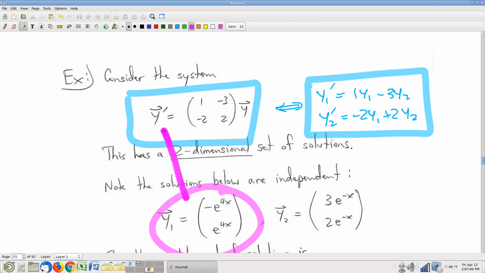If you plug that in there, take its derivative, multiply by that matrix, compute both sides, that works. If you prefer, if you were to take these functions and plug them into there and into there, the system works.